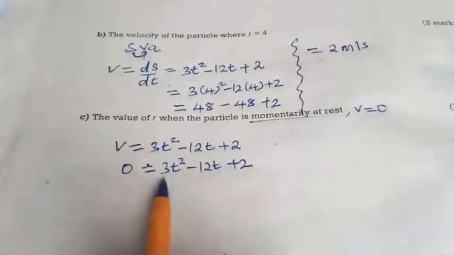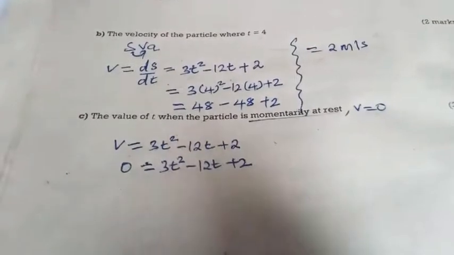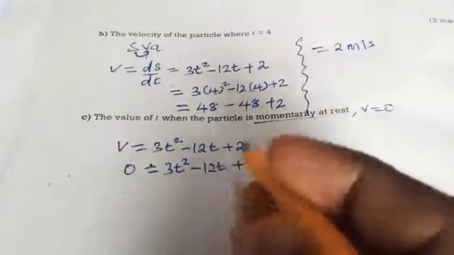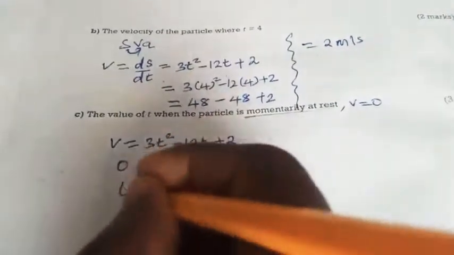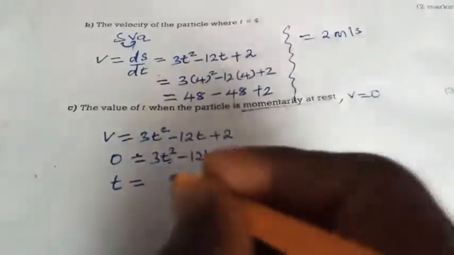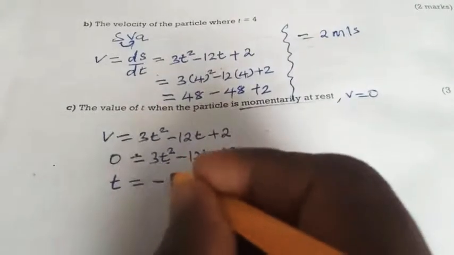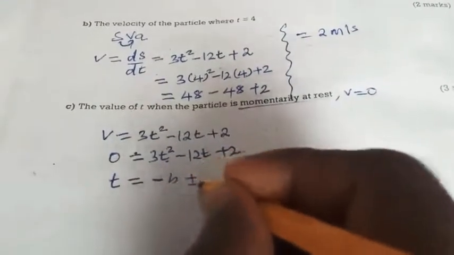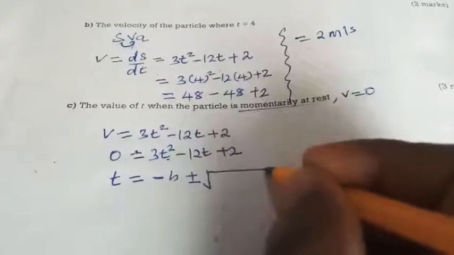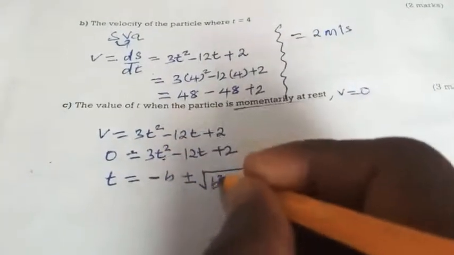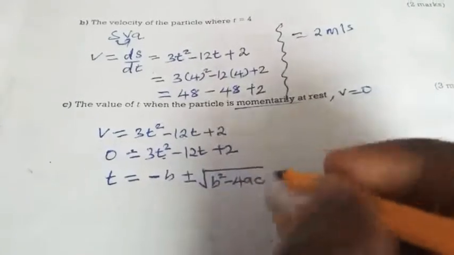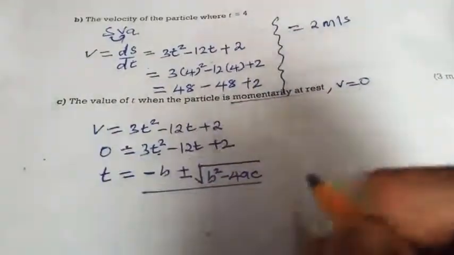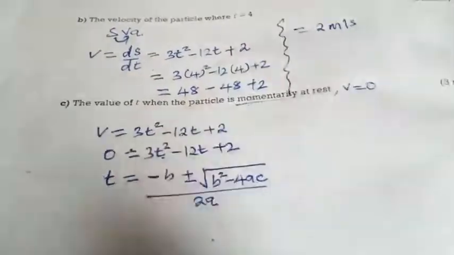So we are going to use the quadratic formula to solve for the value of t. So t is going to be negative b plus or minus the square root of b^2 - 4ac, all over 2a.